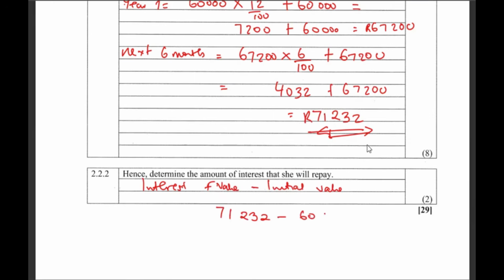We are subtracting 60,000. So 71,232 minus the 60,000 becomes 11,232. Okay, so that is how we would get those 2 marks for question number 2.